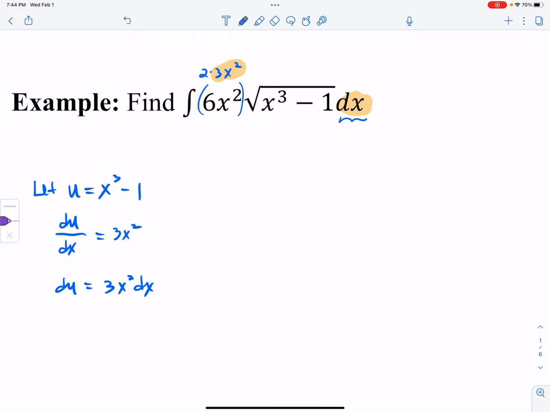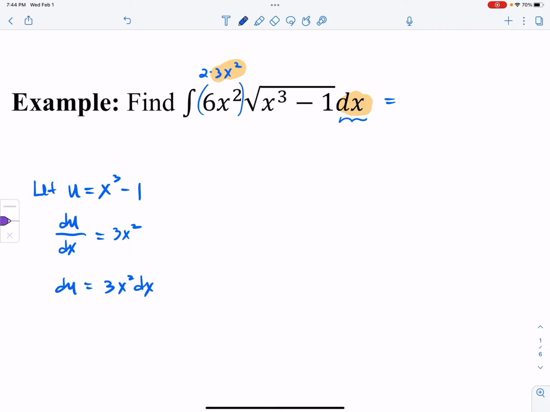So that's one option, to just go directly to saying that this would be equal to the integral of 2 root u du. If you recognize that, that's less steps. But if you do not recognize that, or you don't want to think about it, that's okay too.